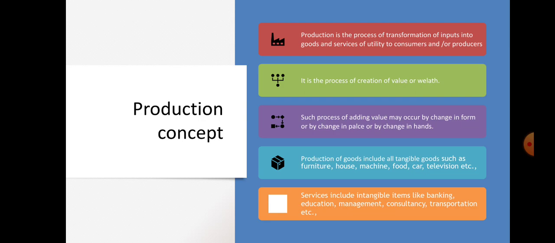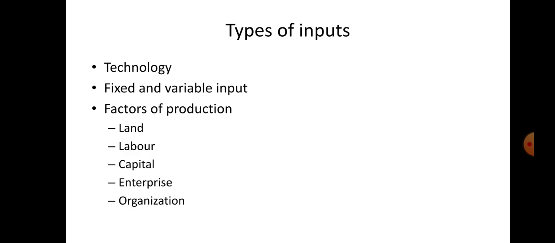That is, production of goods includes all tangible goods such as furniture, house, machine, food, car, television, etc. And services include intangible items like banking, education, management, consultancy, transportation, etc. So in both the sectors we carry out some function.